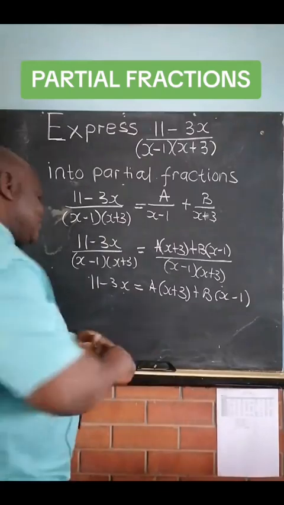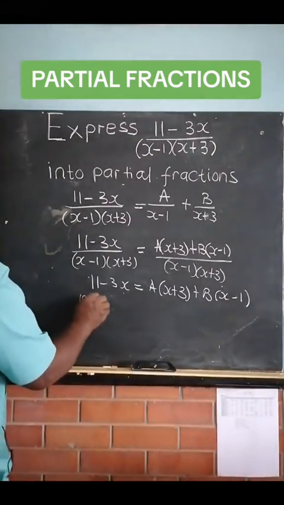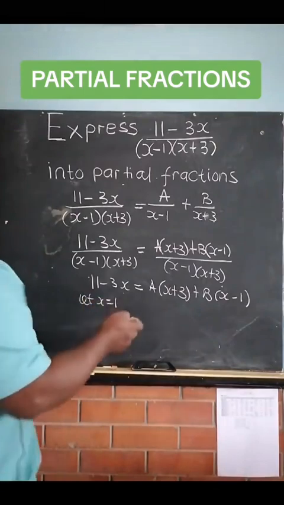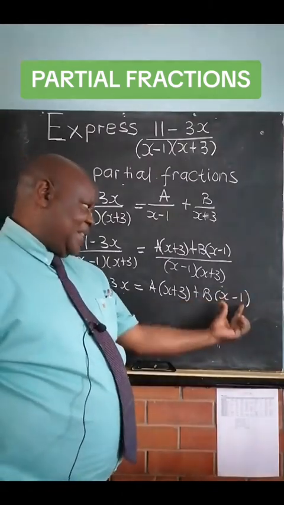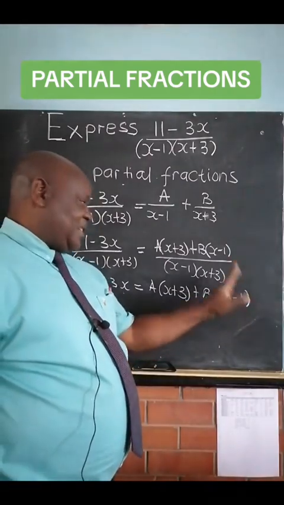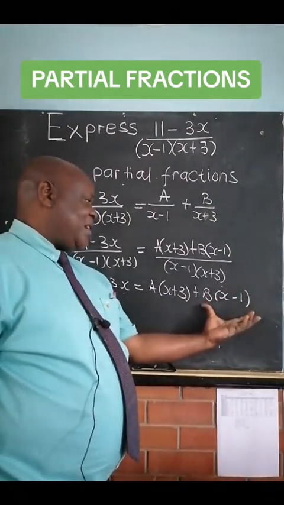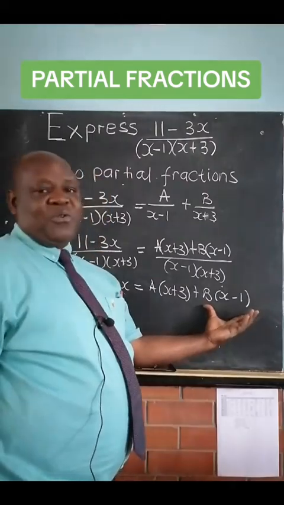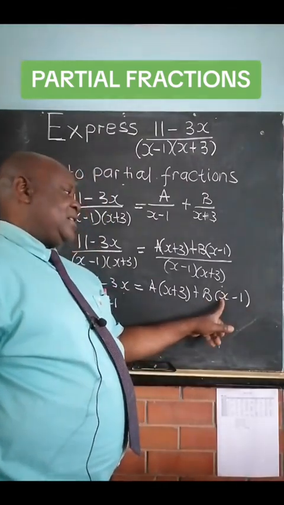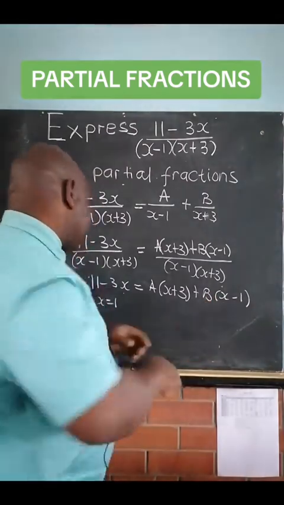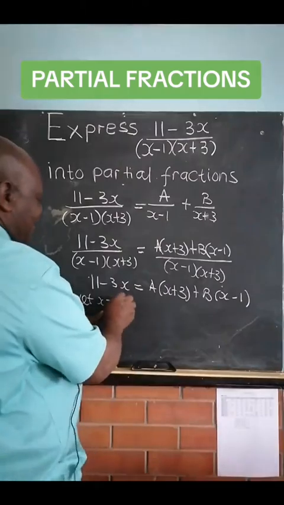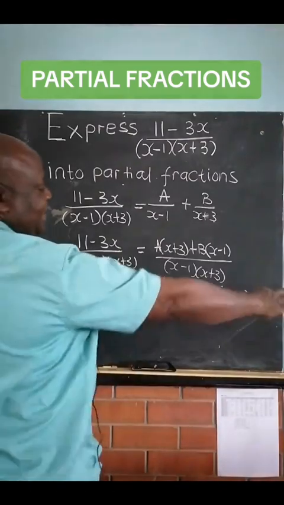I am going to let x equal to 1. If I let x equal to 1, I am going to have 1 minus 1 in this bracket, and 1 minus 1 is 0. So I am sure that this part will fall off when x is 1. Anything multiplied by 0 will be 0. So let x equal to 1. I'm going to substitute x equal to 1 in the entire expression.